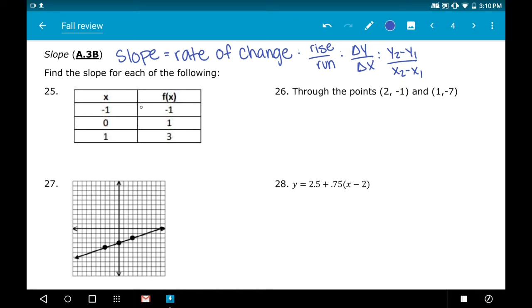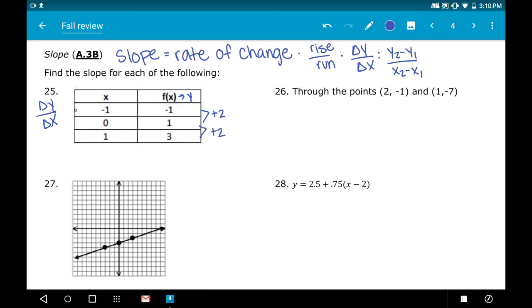So for this first one, it's a table, which means our slope is change in y over change in x. So this is x. F of x, remember, is the same thing as y. So we're going to do change in y first. From -1 to +1, that's +2. From 1 to 3, it's also +2.